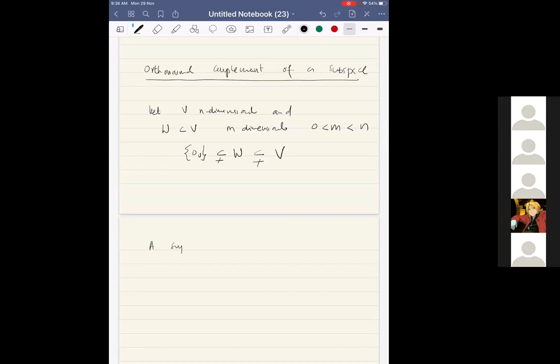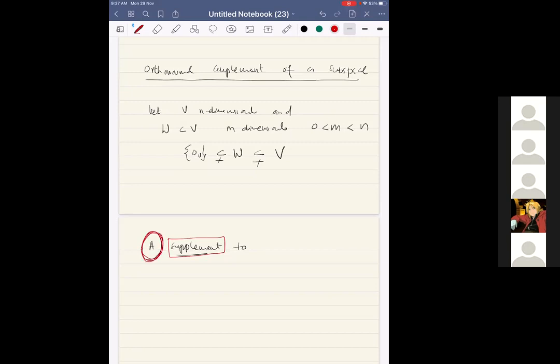A supplement. Remember, at the moment, V is just an n-dimensional vector space. It could even be complex, and we are not talking about inner product yet. But I'm going to define the notion of a supplement, which doesn't require an inner product. And note, it is a supplement, and not the.